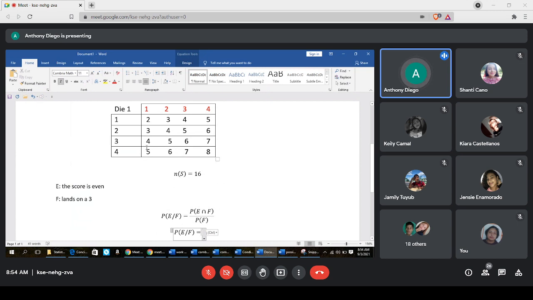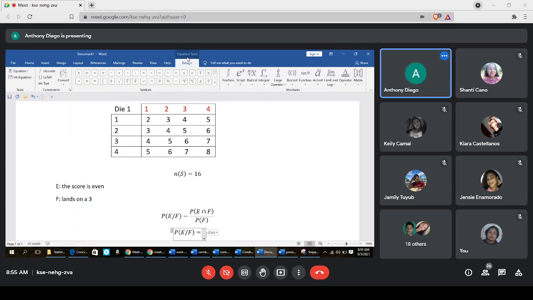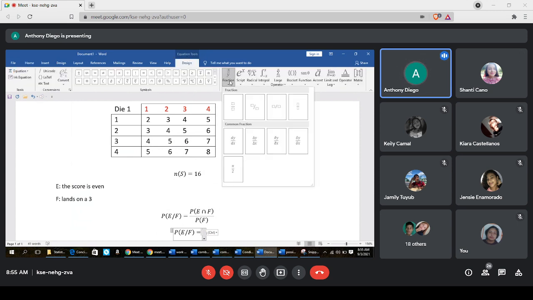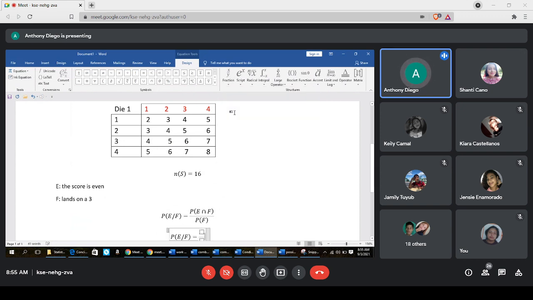The score is even and it lands on a tree. We said that was 3 out of 8, sir. 3 out of 8 or 3/16? It's 3/16. Yeah.